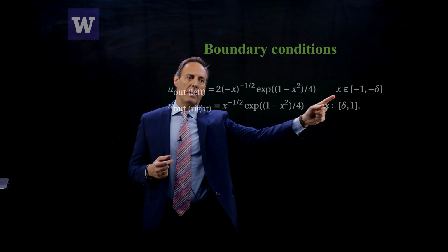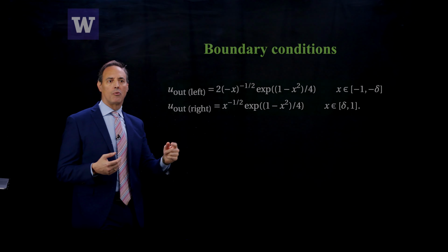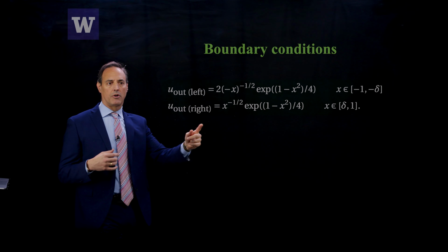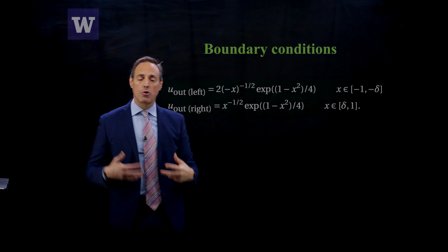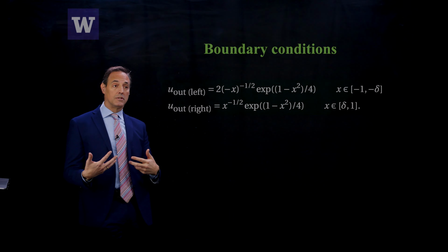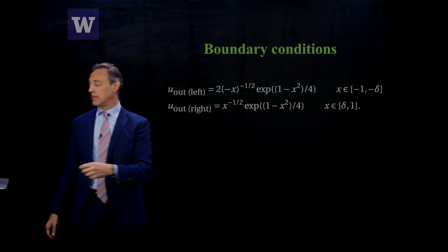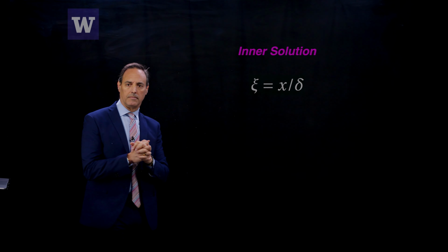And that's in a domain, let's say -1 to minus delta. And an outer solution on the right, which is from delta to 1. So here it is. Okay? So those are my solutions with some unknown constants that I can use to satisfy the boundary conditions. Okay? Now what about the inner solution?